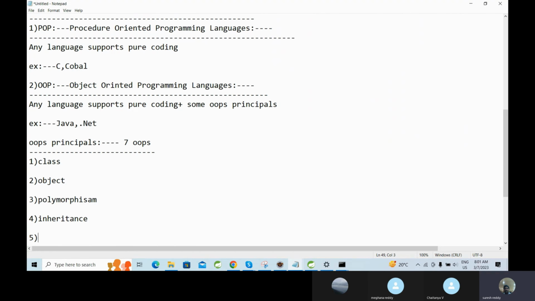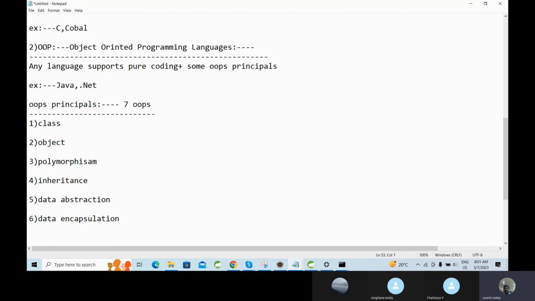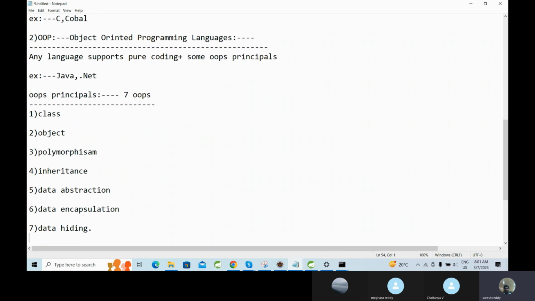Next is data abstraction. Sixth is data encapsulation. Seventh is data hiding. These are the 7 OOPS principles according to Sun Microsystem.